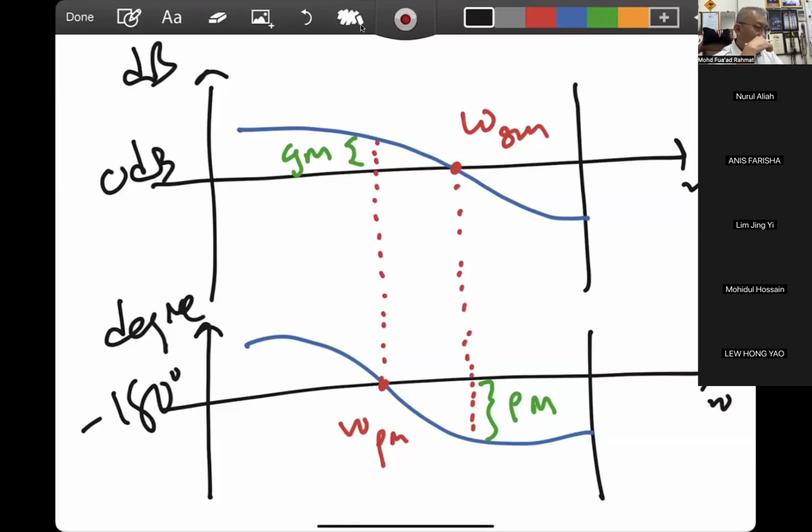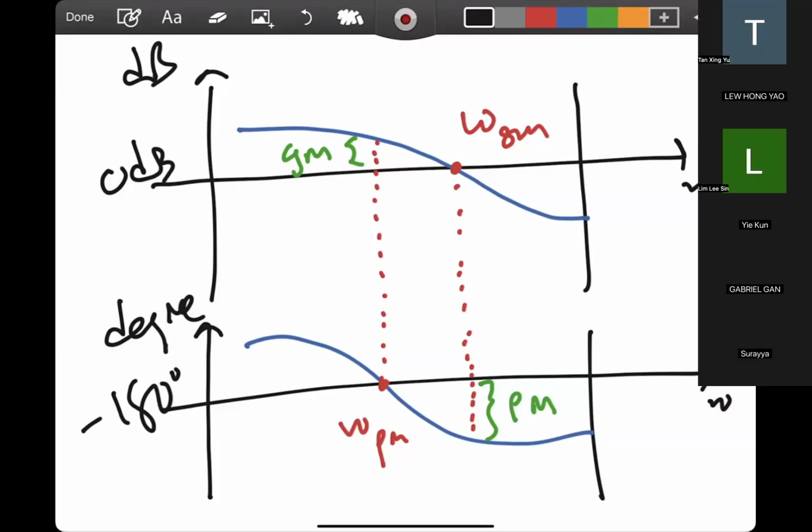Marginal? Stable? No, unstable. What is the status of stability of my drawing?